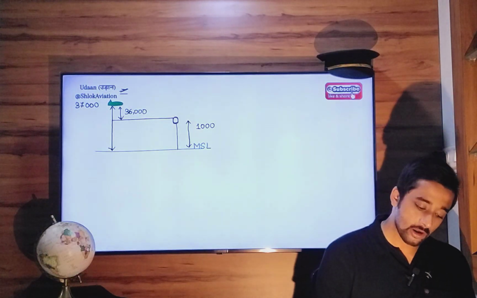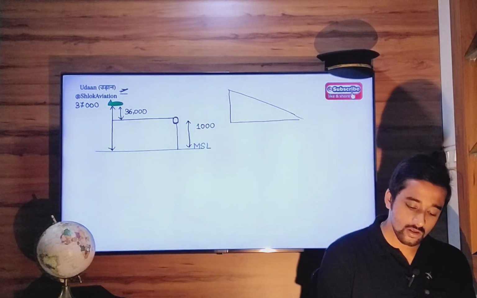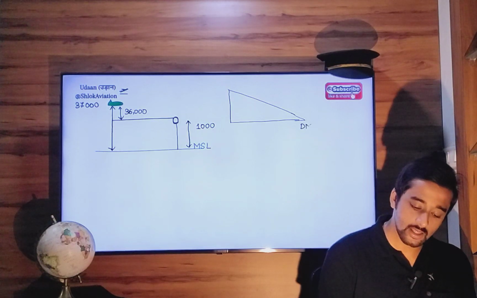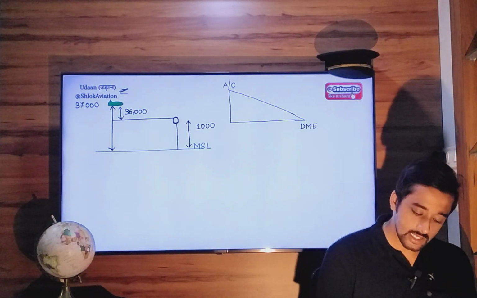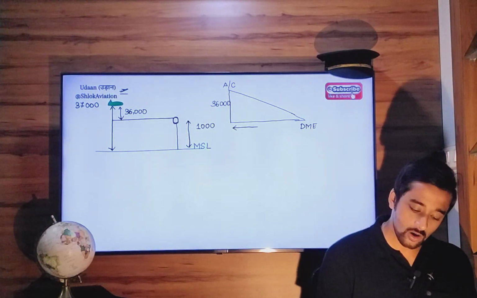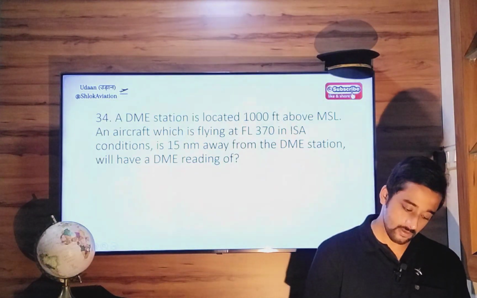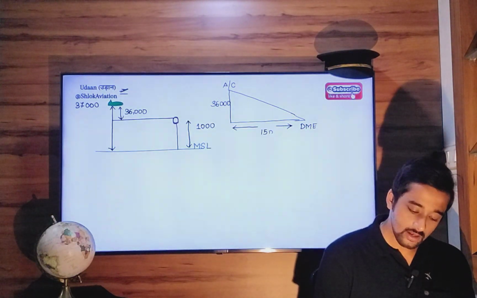Okay. Now I'm drawing another diagram. Here is a DME station. Here is your aircraft. Aircraft is 36,000 feet above at a horizontal distance of 15 nautical miles. 36,000 is nothing but 6 nautical miles, right?